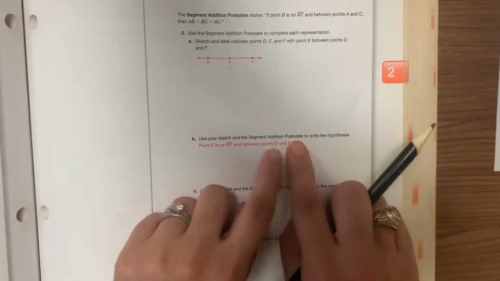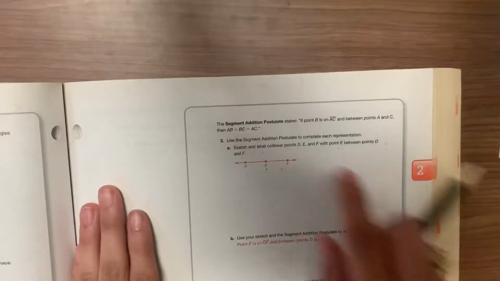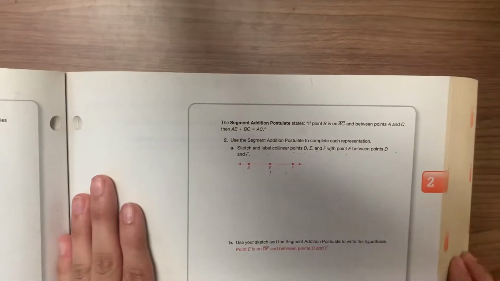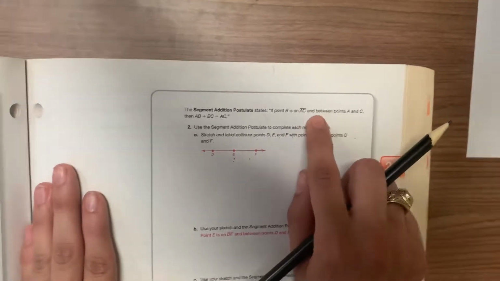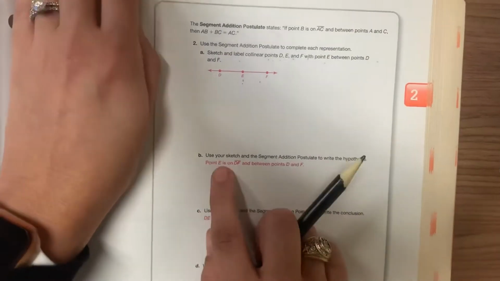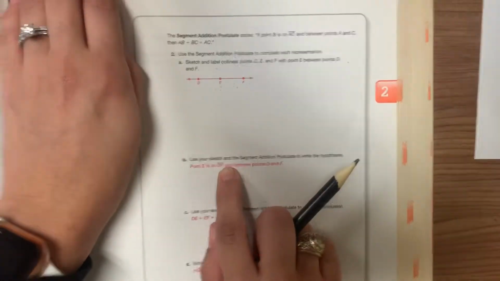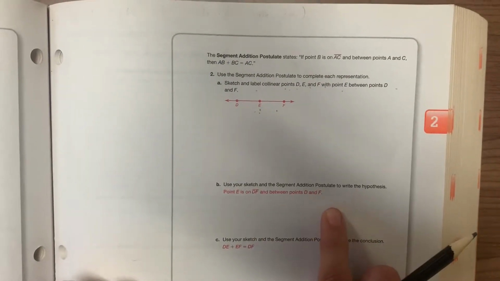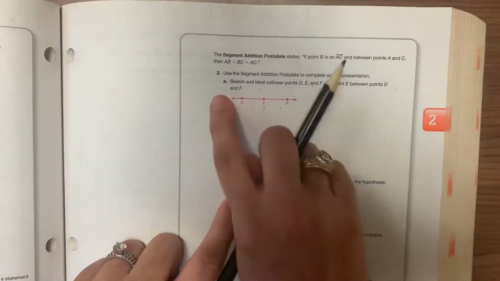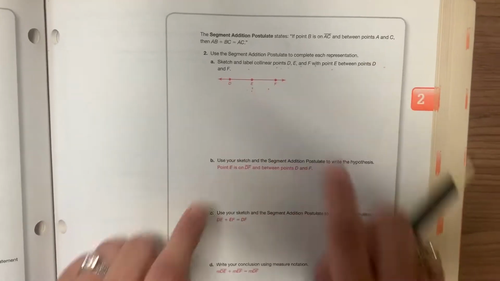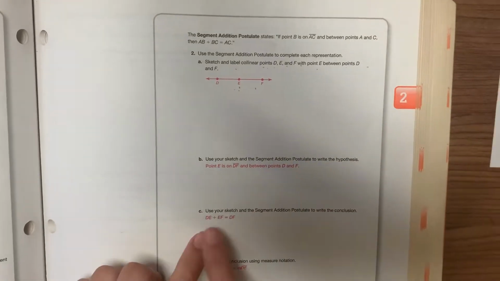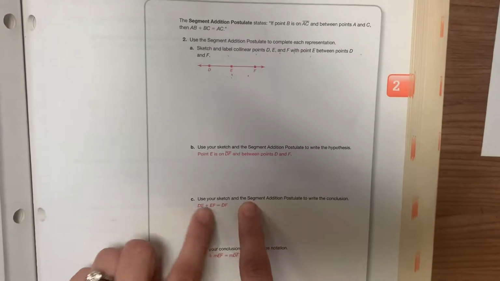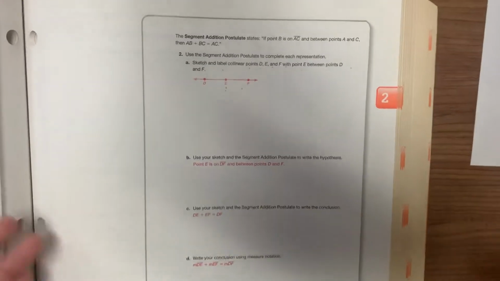Then it says use your sketch and the segment addition postulate to write the hypothesis. My hypothesis is the "if" part. If point B is on line AC and between these points, then this. So I'm writing point E is on line DF, and it is in between D and F. Now I make a conclusion in part C. Use your sketch and the segment addition postulate to write a conclusion.